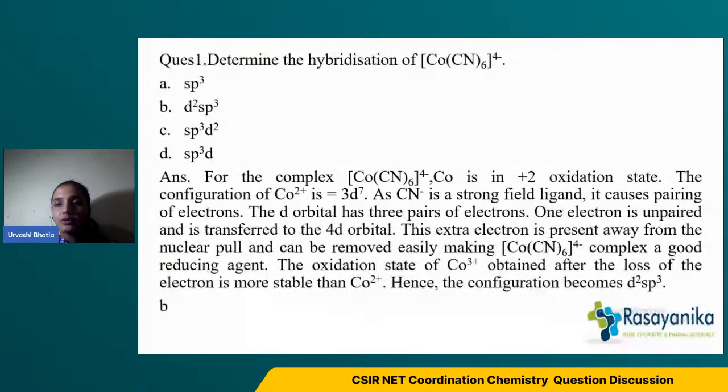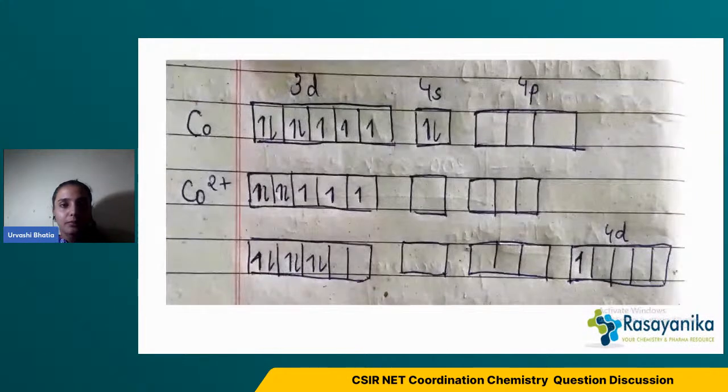Okay, so as CN- is a strong field ligand, it causes pairing of electrons, and the d orbital has 3 pairs of electrons. You can see here, you will understand more. Now, cobalt, if we consider simple cobalt, it is 3d7 4s2. Two electrons have been removed from the 4s2, and this is the configuration that we get, 3d7.